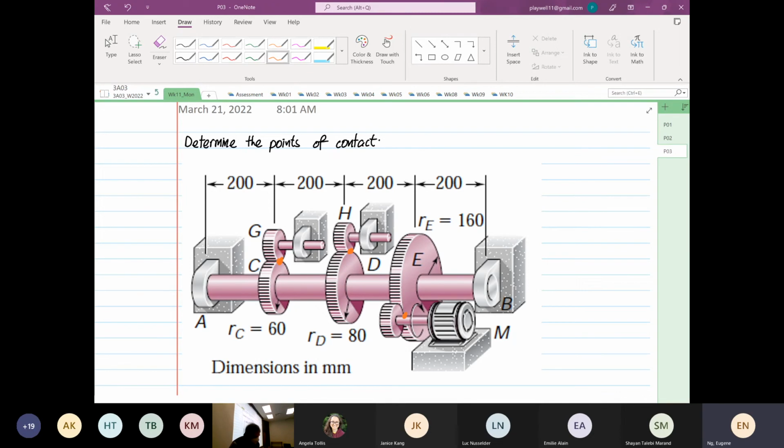The next thing that we do is sketch the rotation of the shaft. So we know that the motor, if this is our X, our Y, and our Z, these are how the gears will rotate.